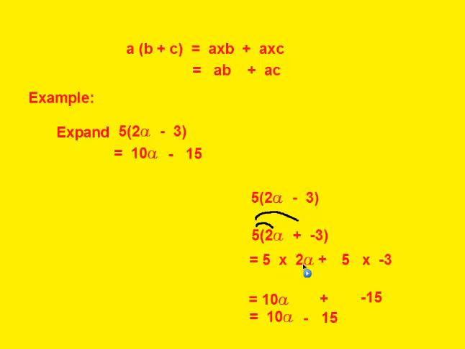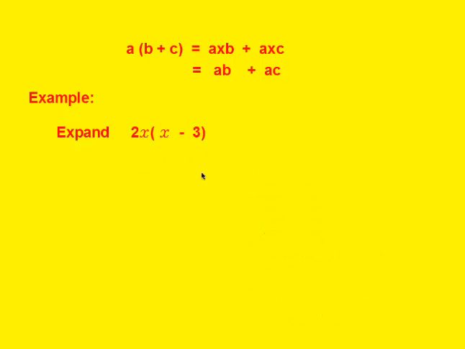Simplifying, 5 times 2a is 10a, add 5 times negative 3 is negative 15, but to add negative 15 is the same as subtracting 15, and there we see we have the answer. This is strictly mathematically correct the way to do it. To write it like this is a little bit slack in our thinking, but that's the way we think in this sort of work. We're allowed to be slack sometimes.